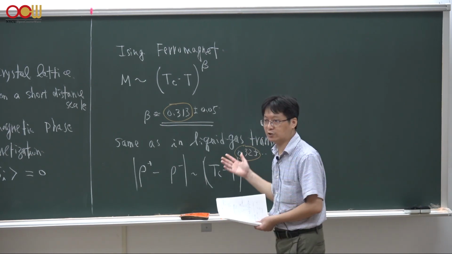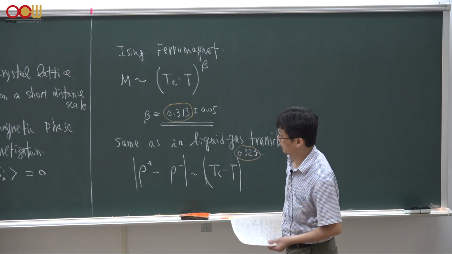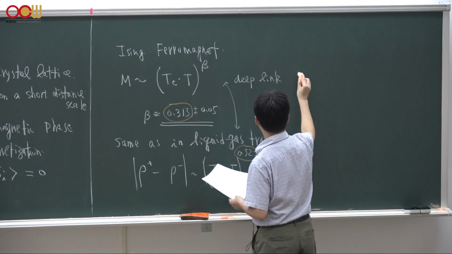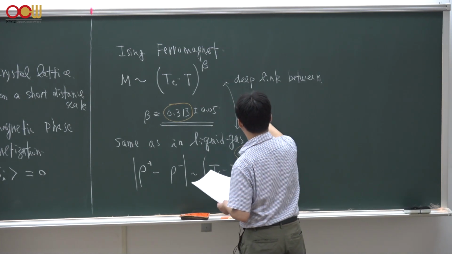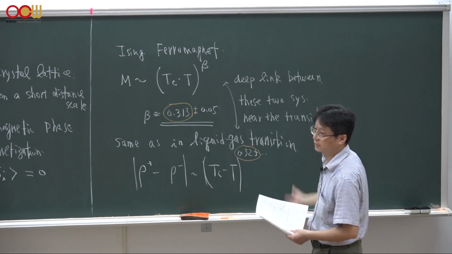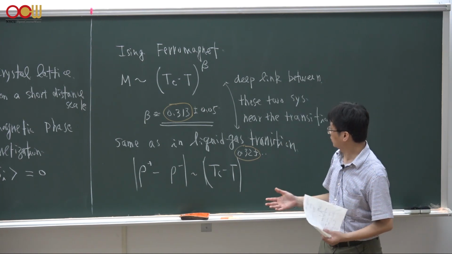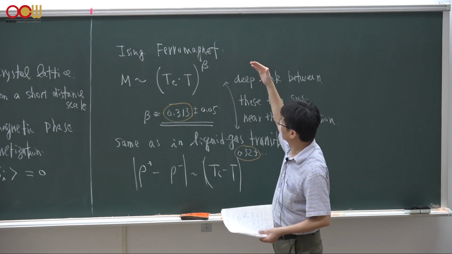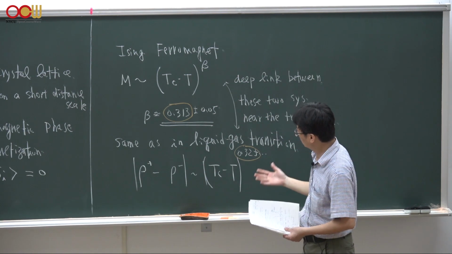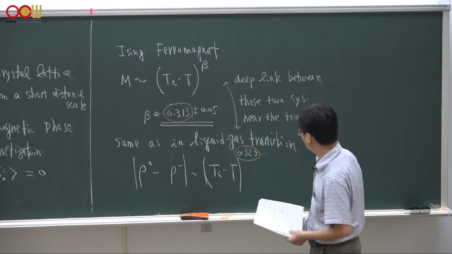There's a deep connection between these two systems regarding the critical behavior, a deep link between these two systems near the transition. And this link, as we will see later, is called universality class. In other words, this Ising magnet belongs to the same universality class as the liquid gas transition.